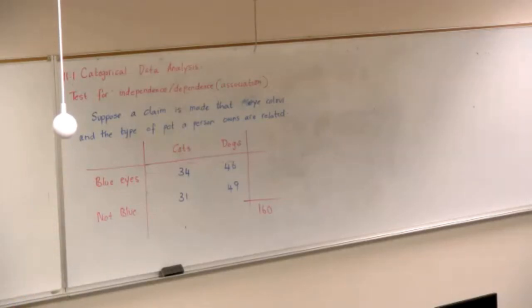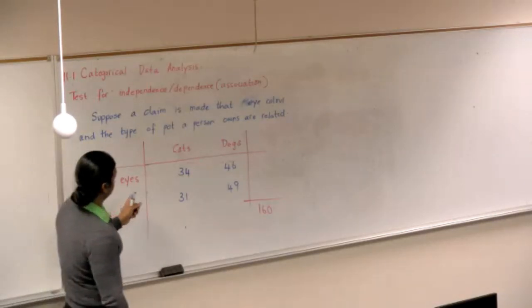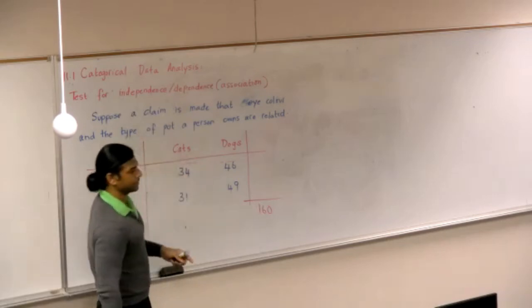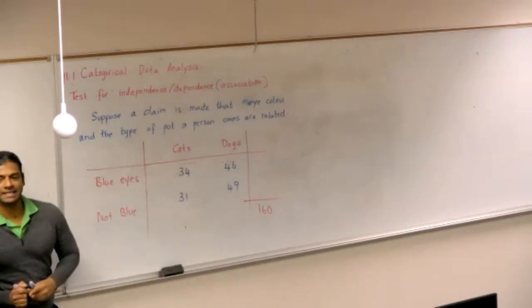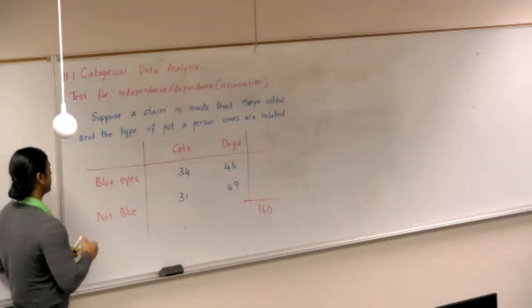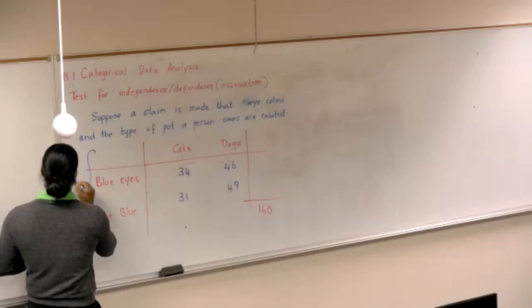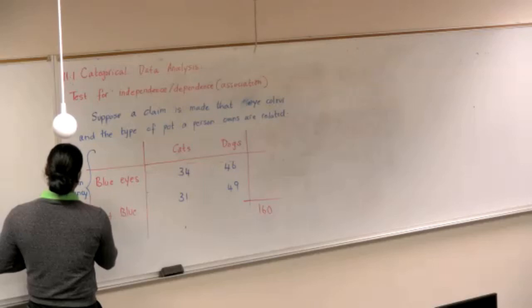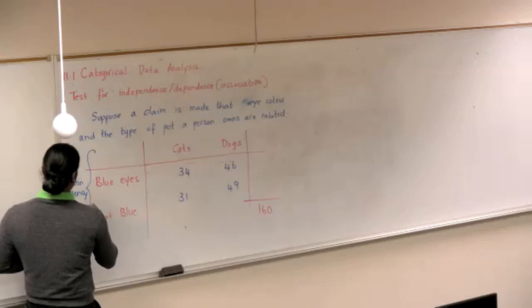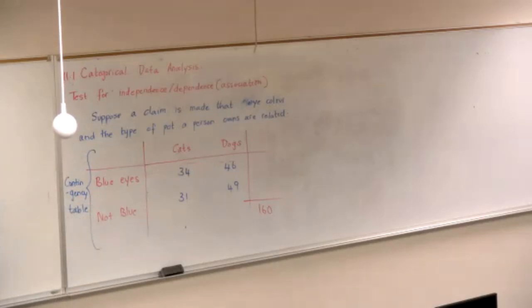And now, this table is what we call a contingency table. What does contingent mean?